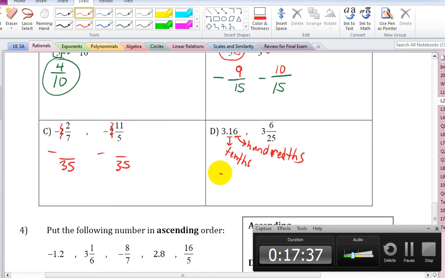So this would be 3 and 16 over 100. Super easy. Okay, the decimal place value of the last digit tells you how to turn into a fraction. So then you have to get common denominators. So this one will be larger.